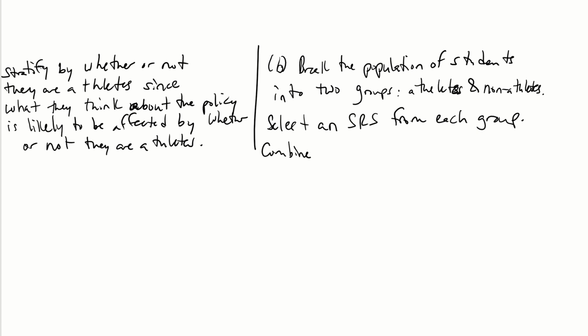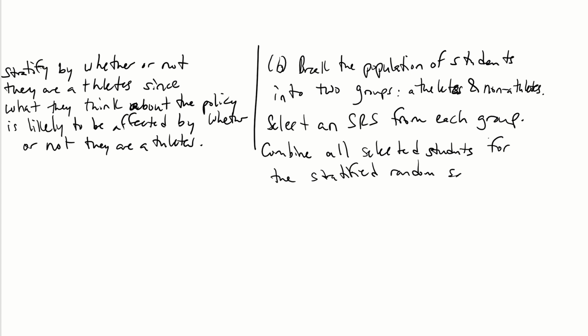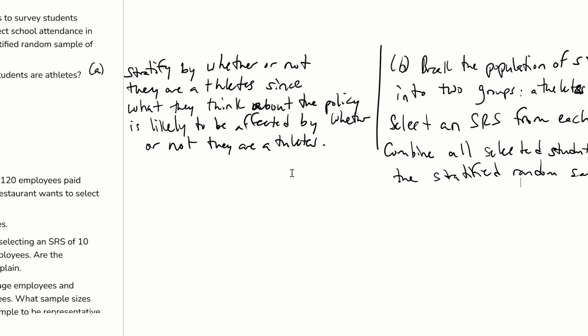Combine all selected students for the stratified random sample. So for example, if I did a simple random sample of 20 from each group, then that's a total of 40 for my sample. All right, so there's that explanation.